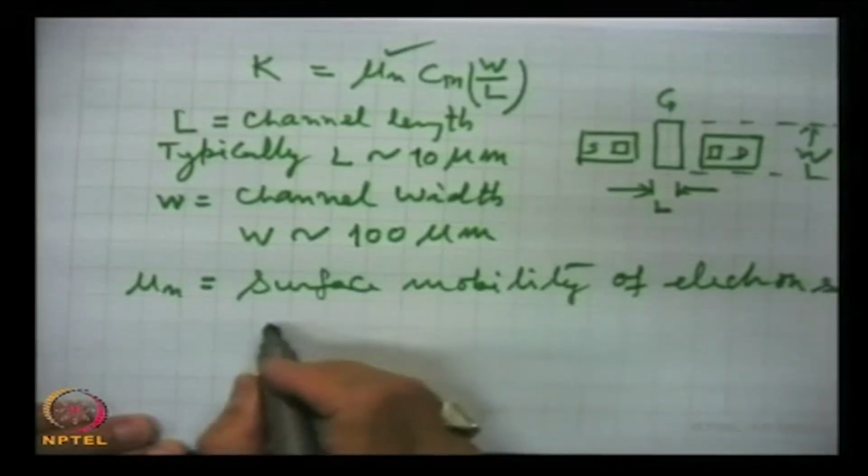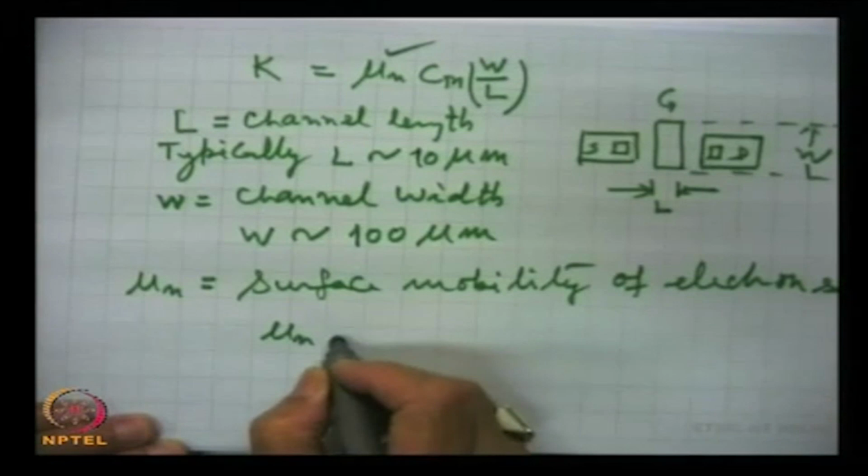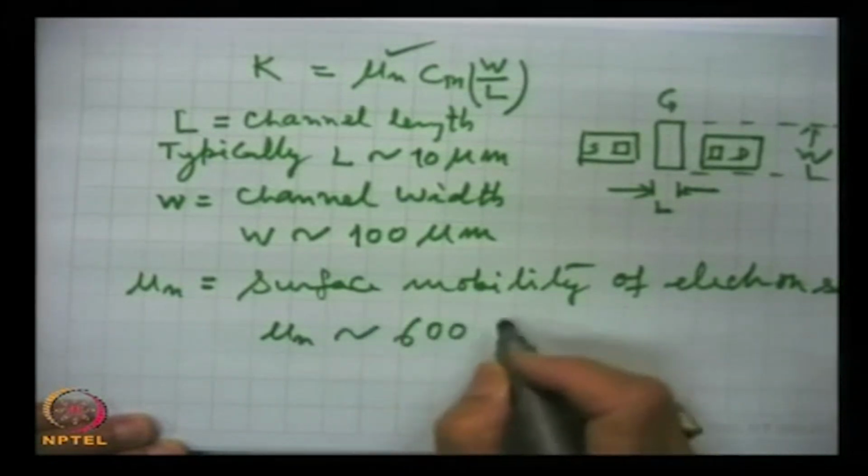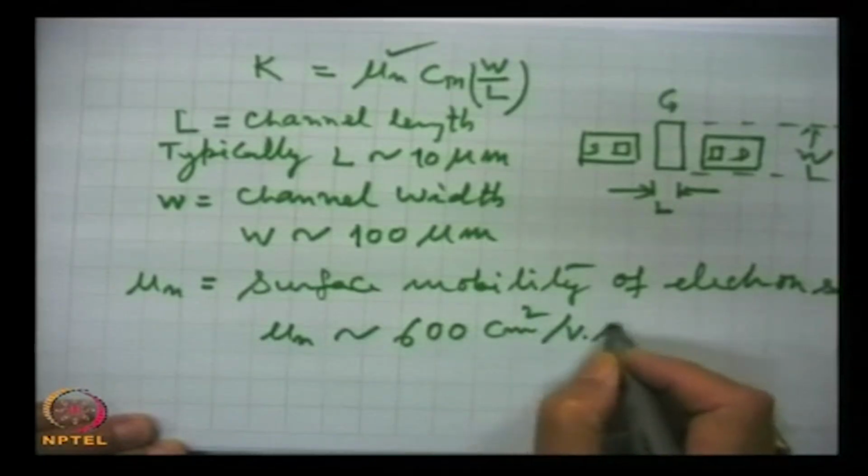and this is around 600 centimeter square per volt second.